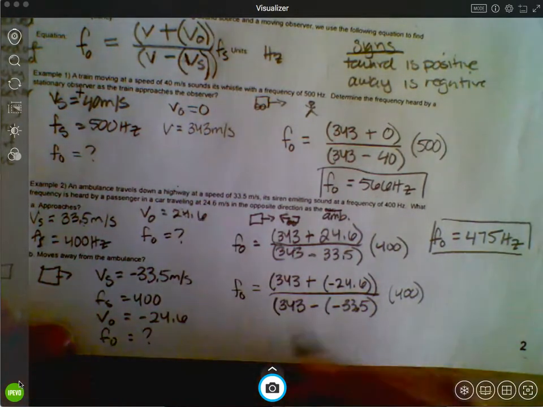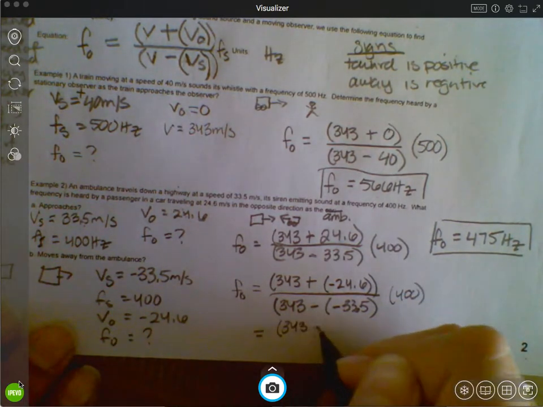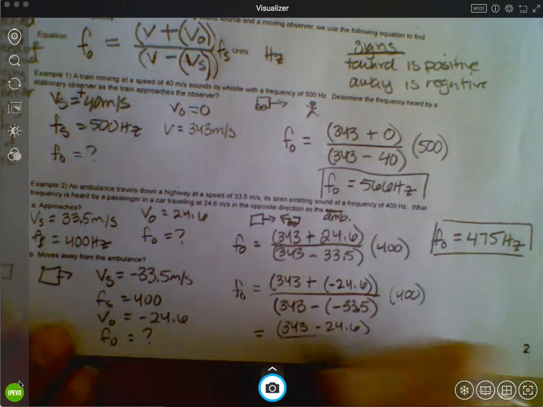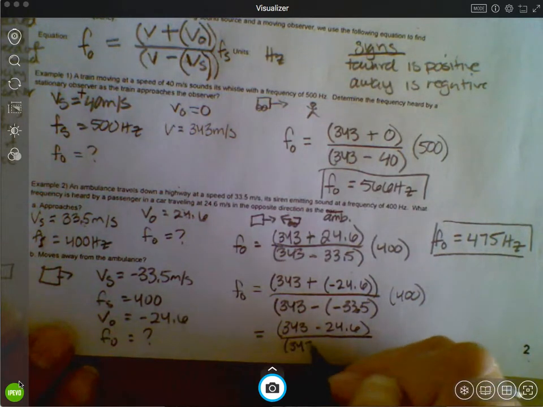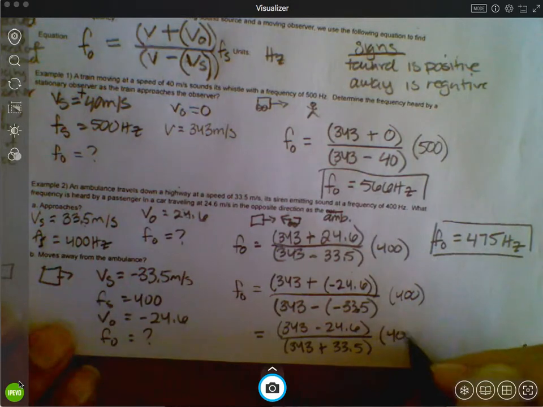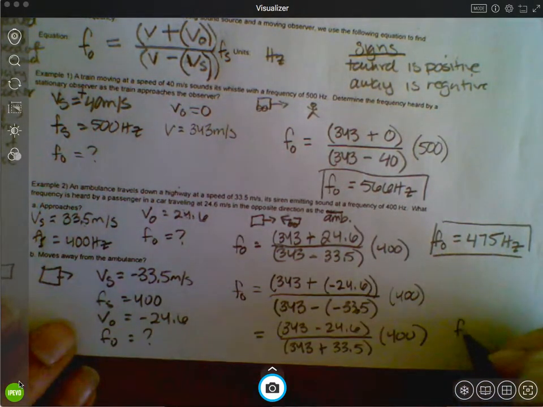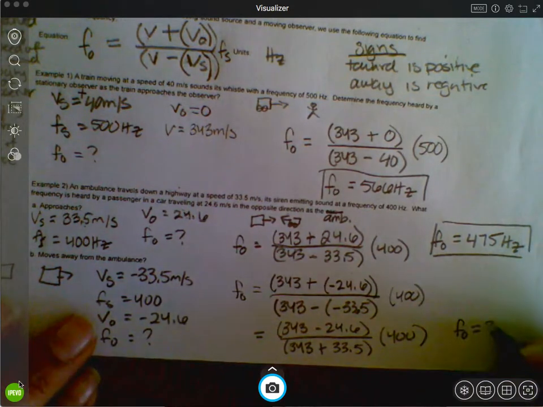So if we adjust the signs here, we get 343 minus 24.6 over 343 plus 33.5. And if you solve for FO, you get 338 hertz.